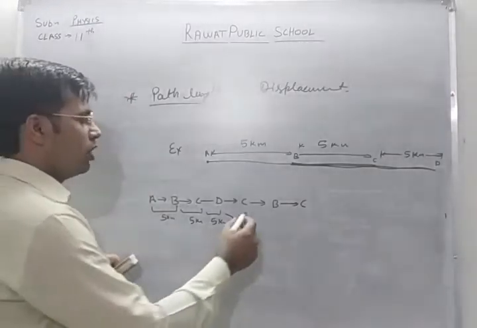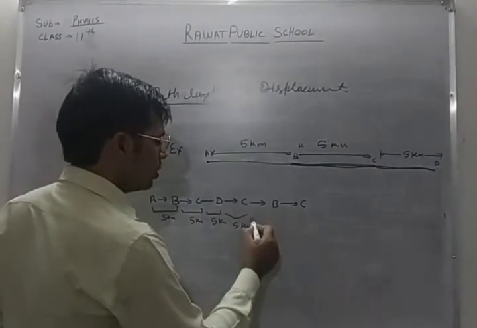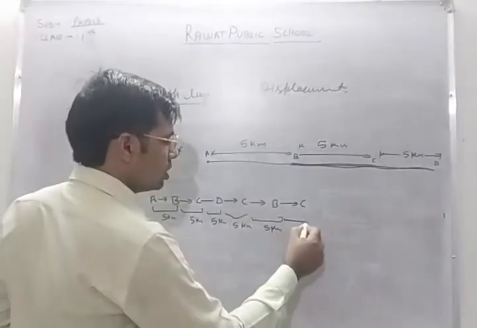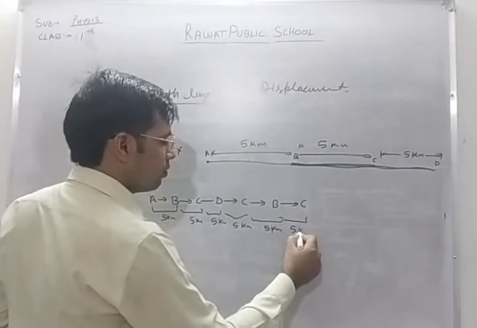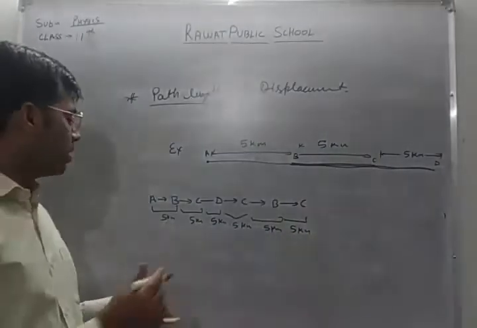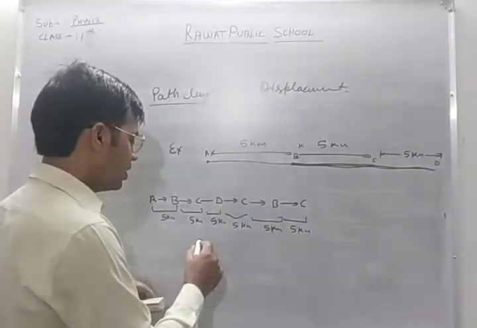In the same way it returned from C to B, that is 5 km, then B to C went back 5 km. So how much total distance has the object traveled? That is the path length: 5, 5, 5, 5, 5 and 5, that is 30.